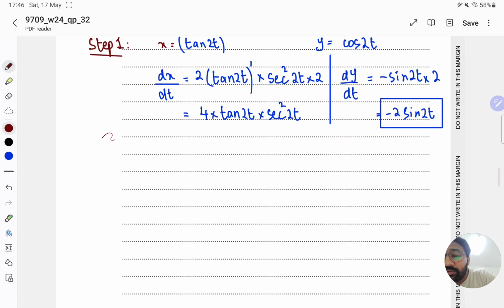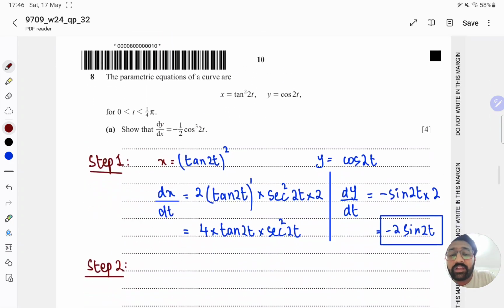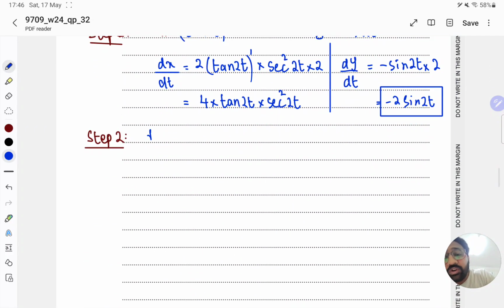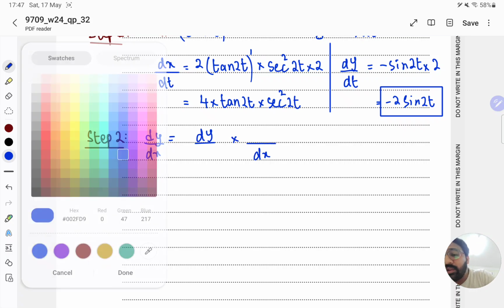Now step number 2. We were supposed to basically show dy over dx. So dy over dx will be equal to dy over dt multiplied by dt over dx, in the chain rule.